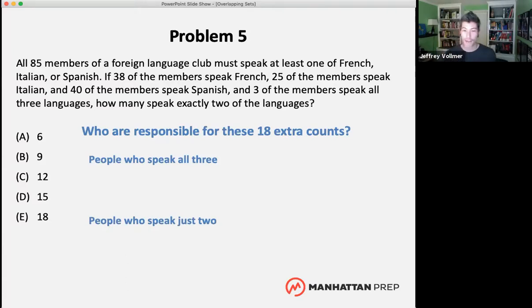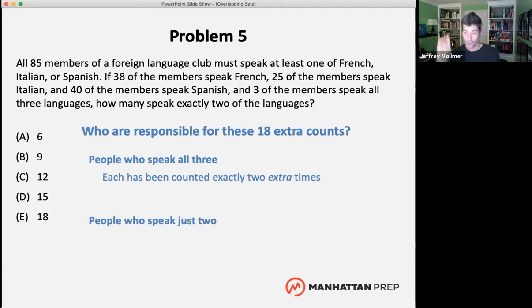But this is how I think about these, all right? If you speak all 3 languages, I counted you 2 extra times. I counted you once the first time for French, but then when you raised your hand for Italian and for Spanish, I counted you an extra 2 times. Whereas people who speak 2 of the 3 languages, I counted them 1 extra time.